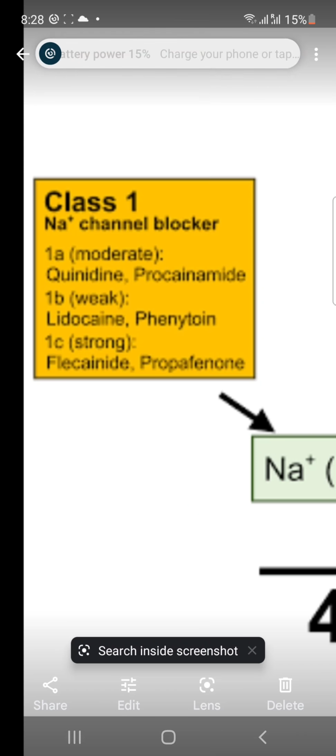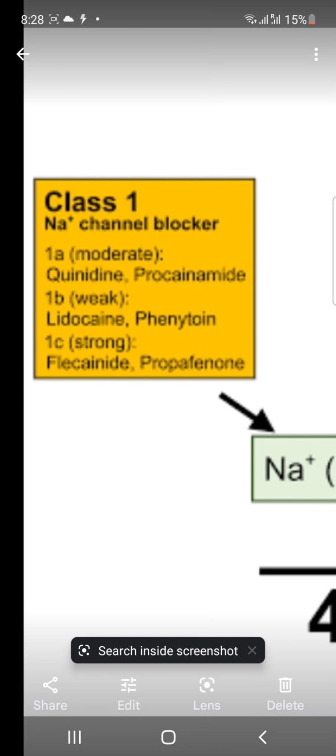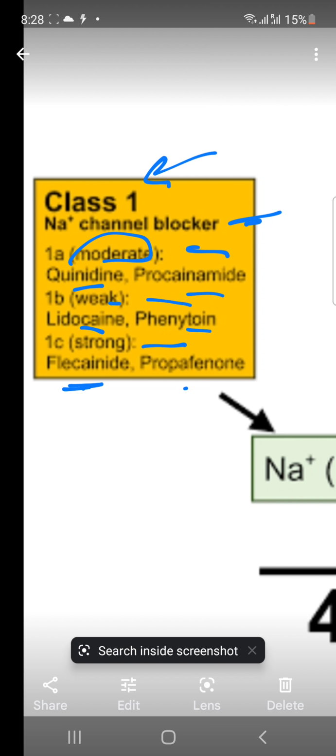First of all, we have class 1. Class 1 is sodium channel blockers. We have 1A, 1B, 1C. 1A is moderate, which includes quinidine and procainamide. 1B is weak, such as lidocaine and phenytoin. 1C is strong, such as flecainide and propafenone.